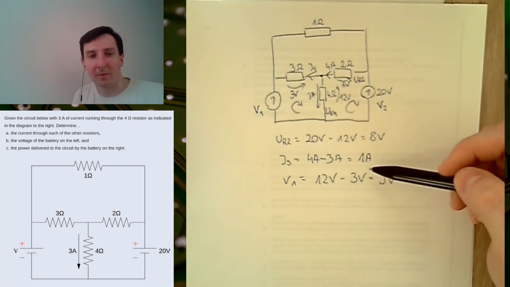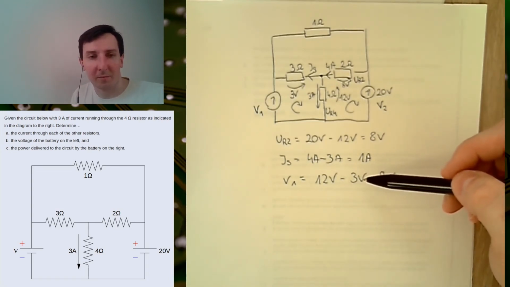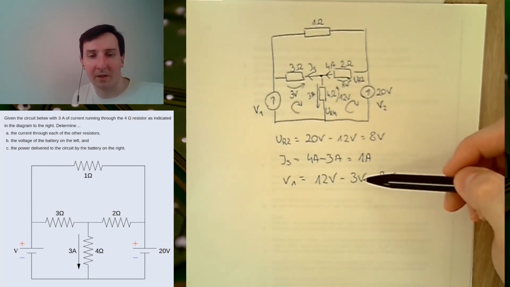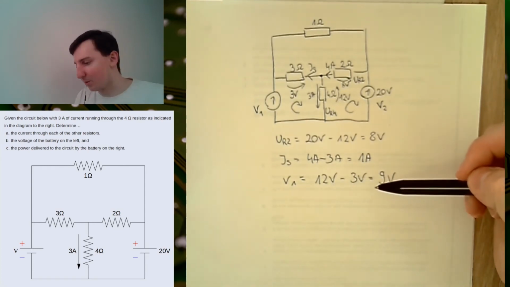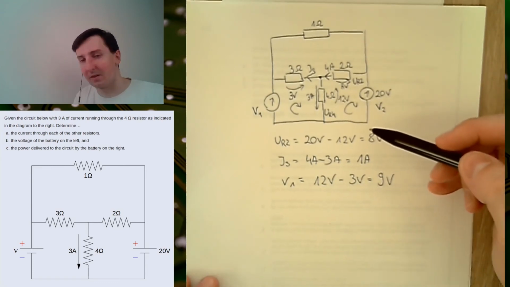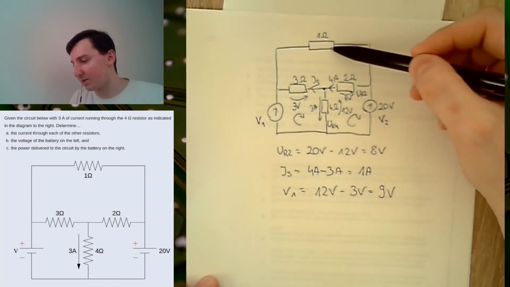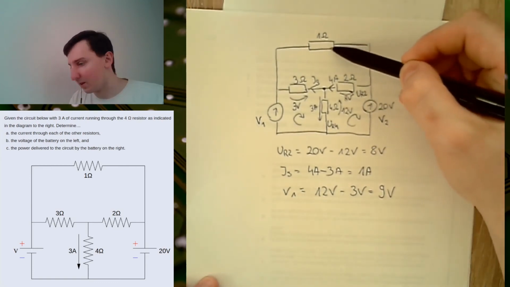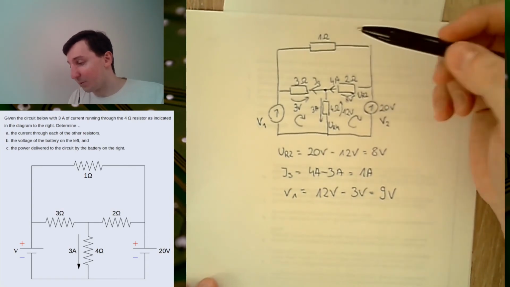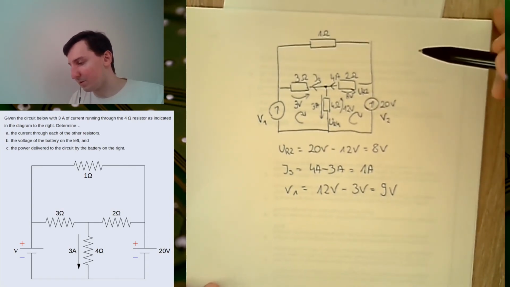Okay, so we have now solved problem B, which is the voltage of the battery on the left. What we are missing is the current flowing through this resistor. We can again use the same principle.